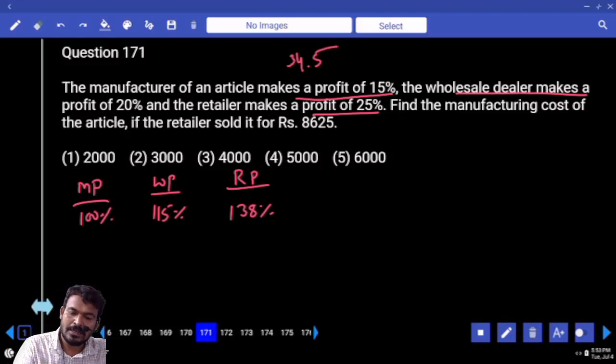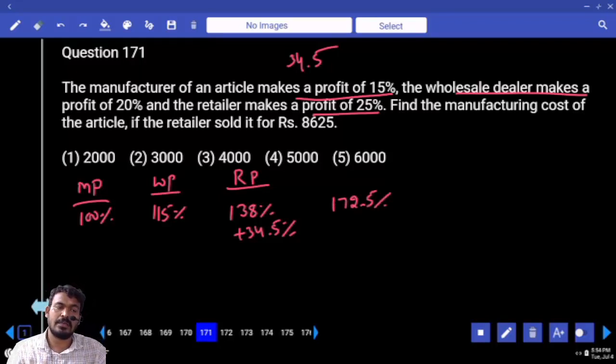Adding. 138 plus 34.5 is 172.5. That 172.5 is the retailer's selling price, and the retailer's cost price is 138.